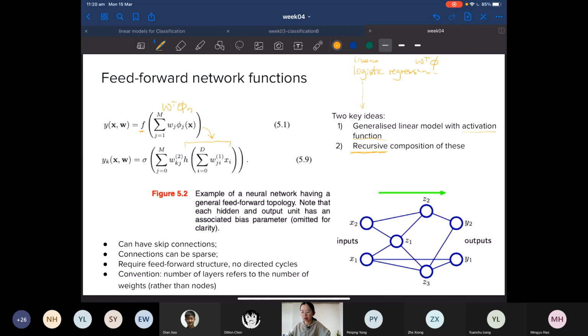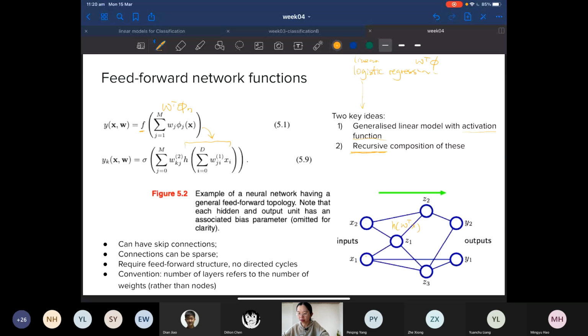So if you think 5.9 is a bit hard to visualize or conceptualize, here's the picture, right? Figure 5.2, from the input x, each z is essentially h times some weight vector transpose x as a vector.